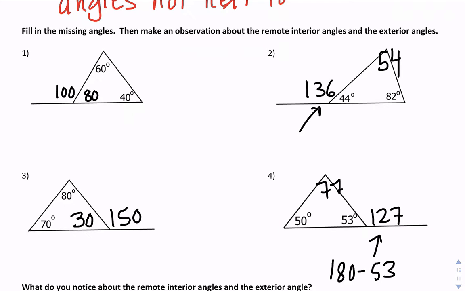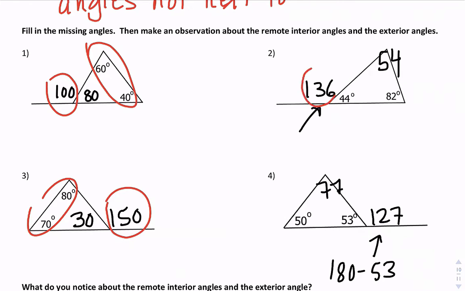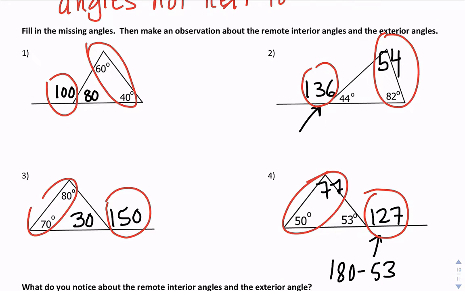Okay, so the question is, what do you notice about the exterior angle and the 2 remote interior angles? So I'll circle them. Okay, so it's pretty easy to see in examples 1 and 3, and you can test it in 2 and 4. But what you should notice is the 2 remote interior angles add up to the outside angle.